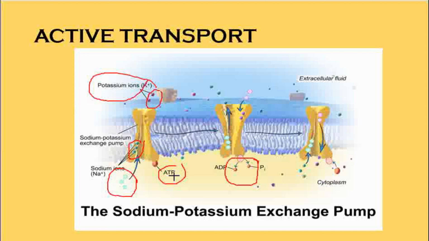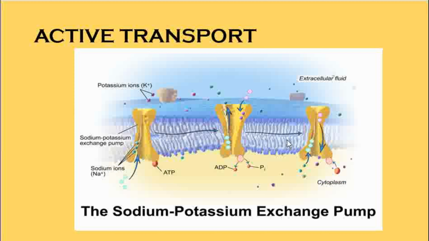ATP is converted to ADP plus Pi, and thereby the sodium is sent out, and potassium, after binding to its binding site, is sent inside the cytoplasm. Then again ATP binds and the cycle continues. Thereby the sodium and potassium are pumped out and into the cell.